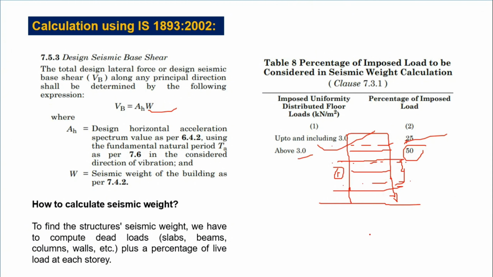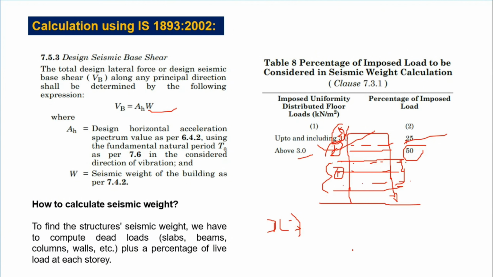For example, to calculate the seismic weight of the first story we have to find out all the dead loads at that level, between these two heights. This is the second story and this is the third.